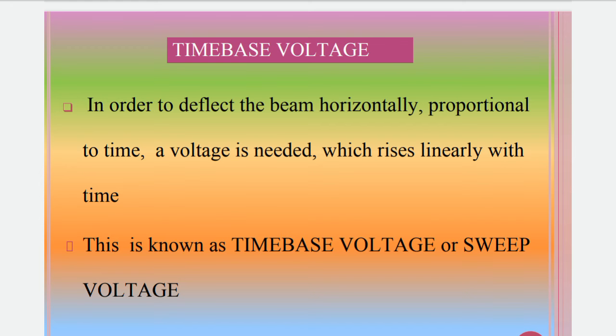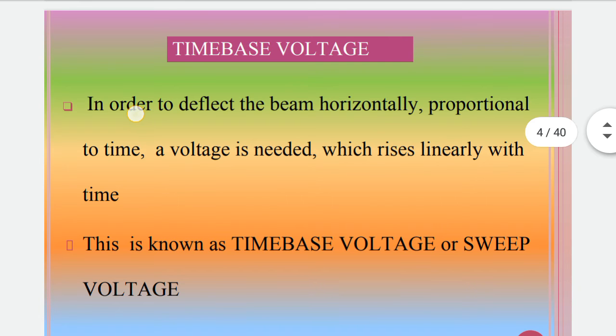So in order to deflect the beam horizontally proportional to the time, a voltage is needed which rises linearly with time. This is known as time-base voltage or sweep voltage, which means that in CRO, to move the beam horizontally proportional to the time, a voltage that rises linearly with time is needed.